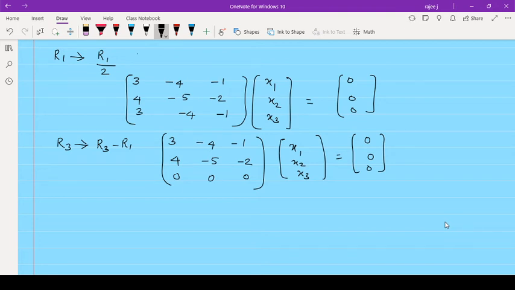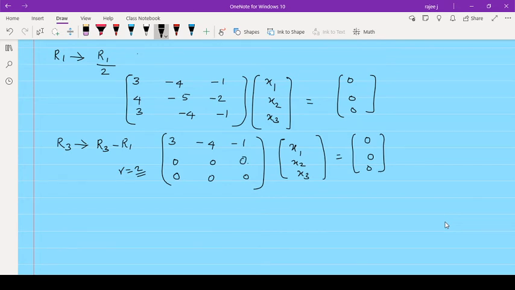I hope many of you remember, rank means the number of non-zero rows. Suppose after transformation you are getting 0, 0 and here minus 2. Then also the rank will be 2 only, because it is the number of non-zero rows. Now suppose after solving, here again you are getting 0.